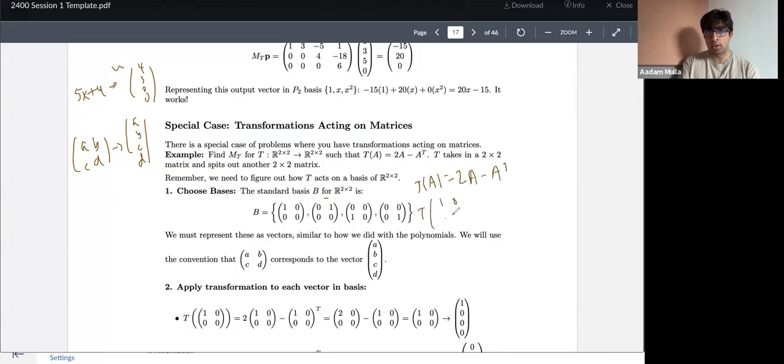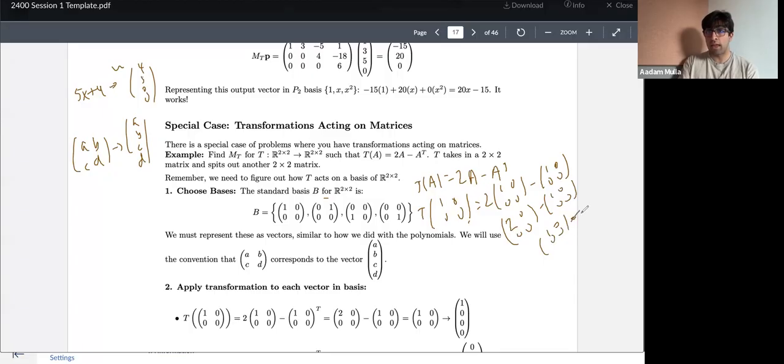T of 1, 0, 0, 0 is going to be 2 times 1, 0, 0, 0 minus the transpose of 1, 0, 0, 0, which is 1, 0, 0, 0, equivalent, right? And we do this out, we multiply the 2 in, so we get 2, 0, 0, 0 minus 1, 0, 0, 0 gives us 1, 0, 0, 0.